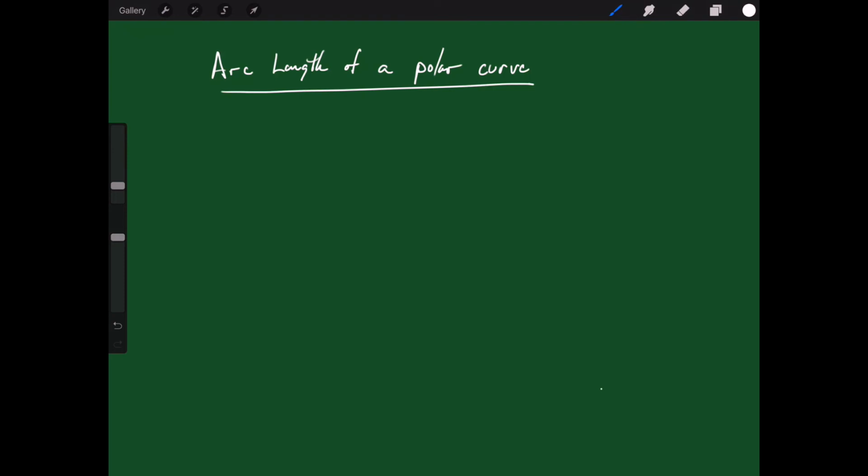Let's start with just our standard arc length formula. Our standard arc length formula would look something like this: the length of a curve would be the following.